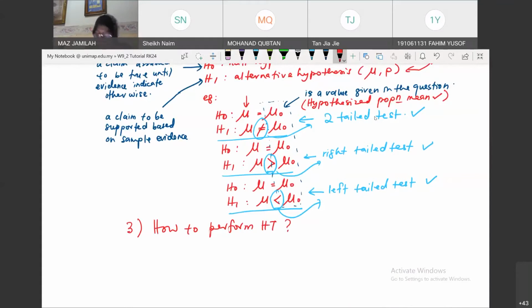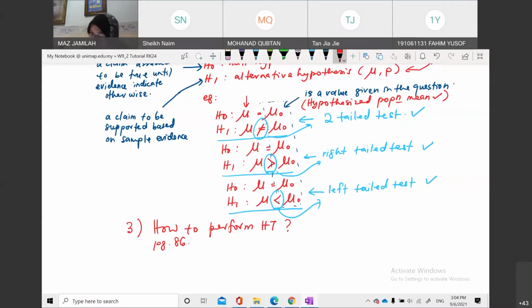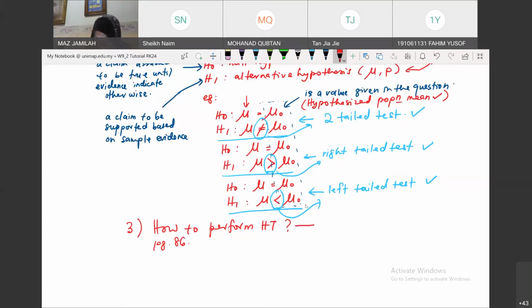Now, if you look at page 86, turn to your page 86. There will be three types of hypothesis testing. The way we do the hypothesis testing, we can use the first, the traditional method.